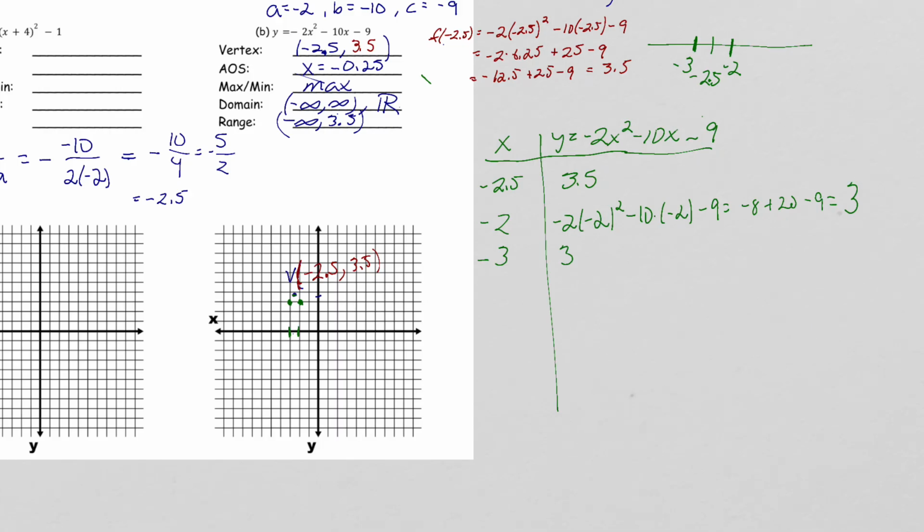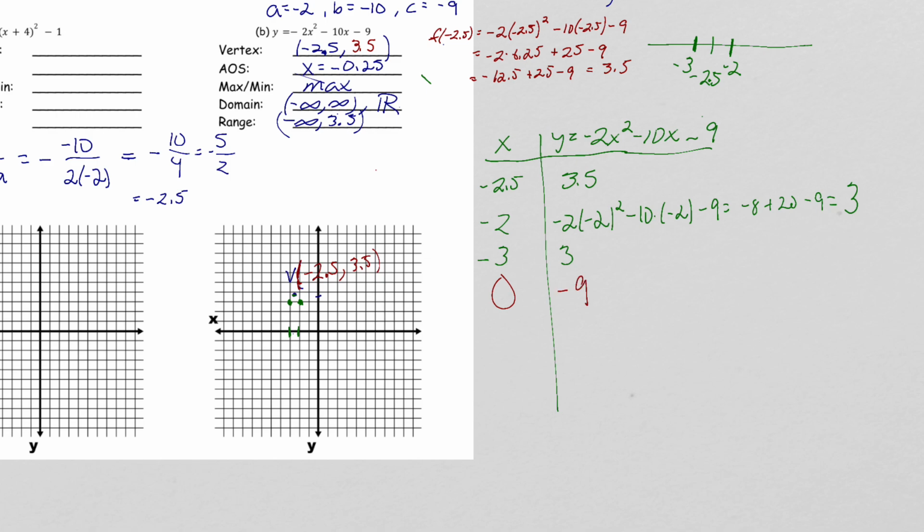Now for the last one, I'm going to actually take advantage of that symmetry and try to find the easiest points possible. If you look at this equation right here, it would be really easy to plug in 0, and that gives me just negative 9. So I'm going to go ahead and do that. I'm going to plug in 0, and that gives me negative 9.